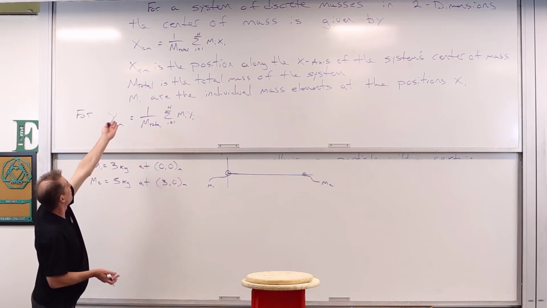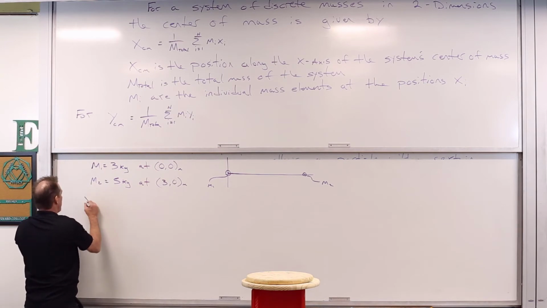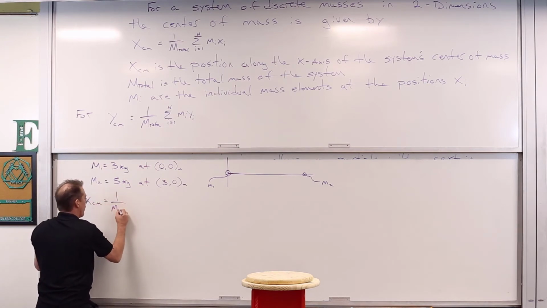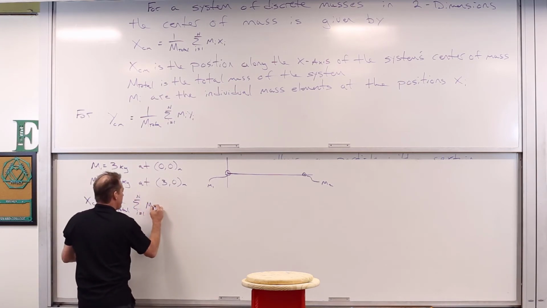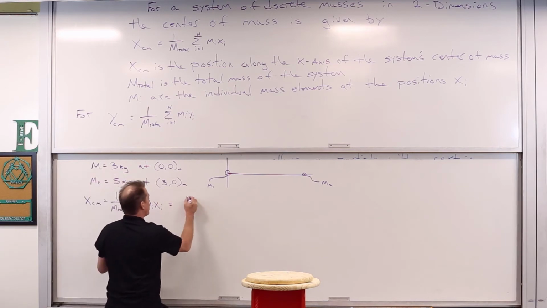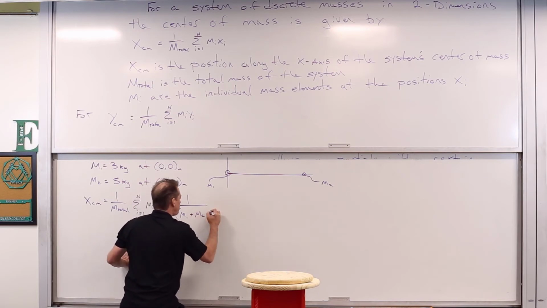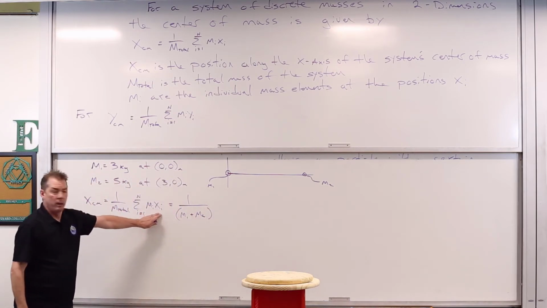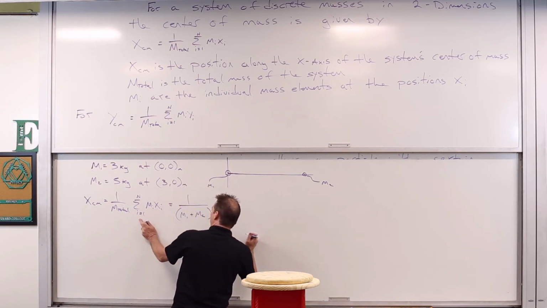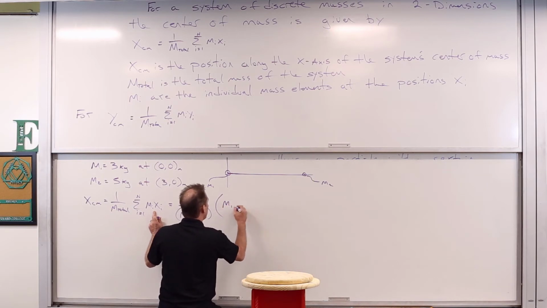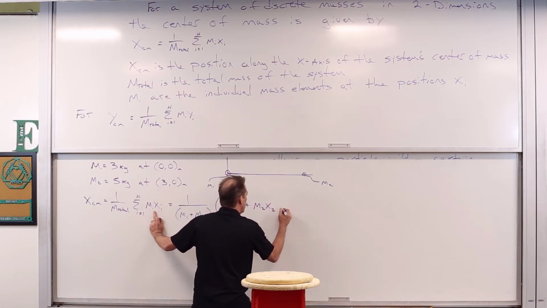Well, we could go ahead and start applying what we have up here. So if we take this and apply this, X_CM is equal to 1 over M total, multiplied by the sum from i equals 1 to N of m_i x_i. That's going to give us 1 over the total mass, which is M1 plus M2, multiplied by the sum of these indexes here. So we start with i equals 1, M1 X1, plus M2 X2.